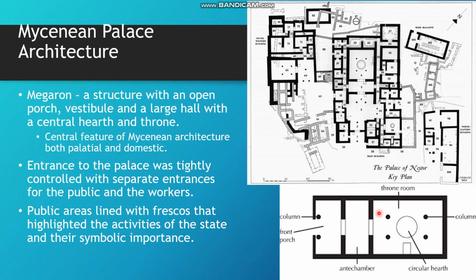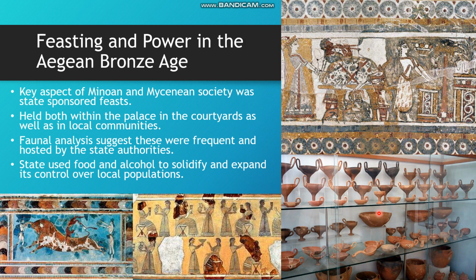And the main reason people are probably coming into the palace to begin with is feasting. Right, so a key aspect of Minoan and Mycenaean society was state-sponsored feasts. These are held within the palace, and you can see representations of that palatial feasting.